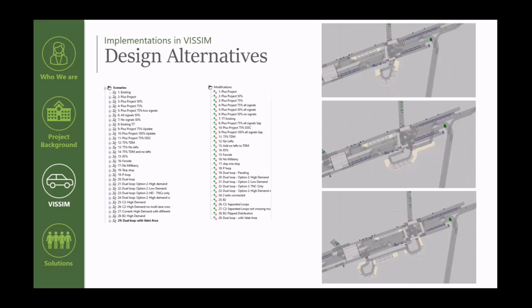Given that the project is still going through the design stage, we've been setting up a modification for each design alternative. We were able to share the results with the client, also leaving space for a good amount of design iterations in the future.